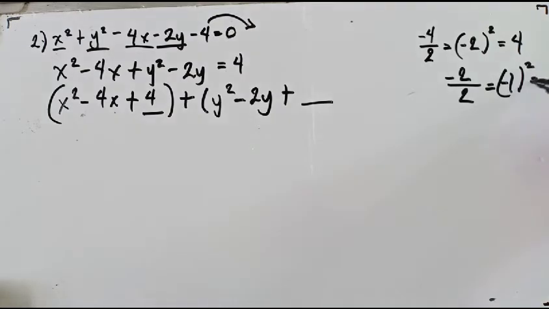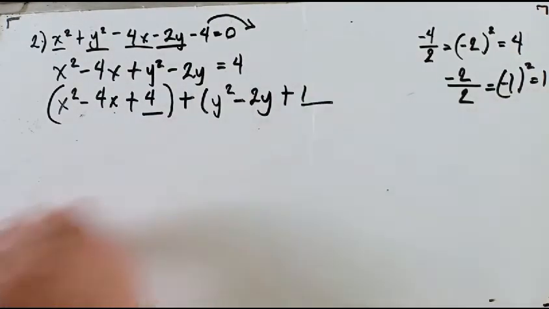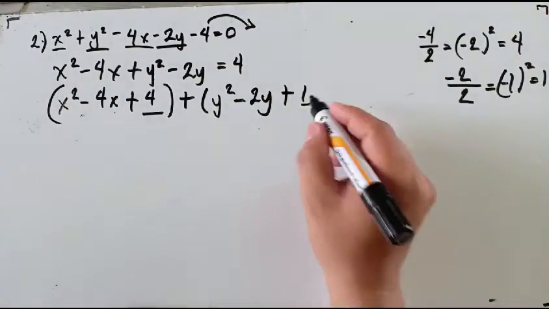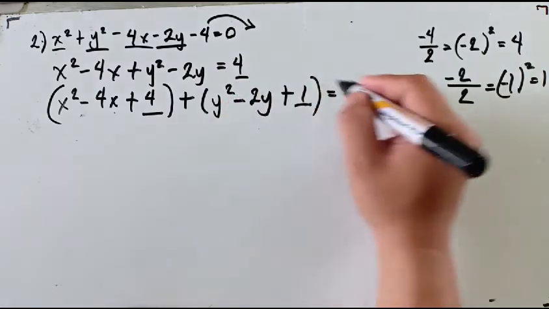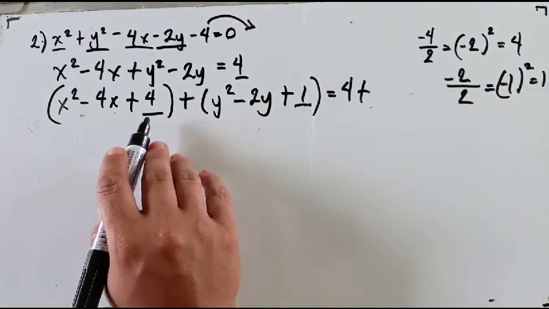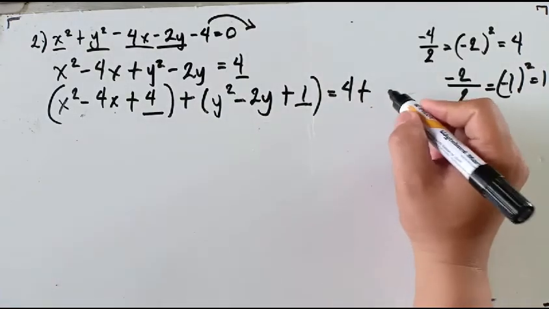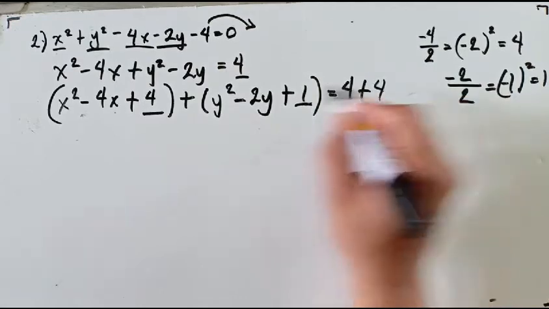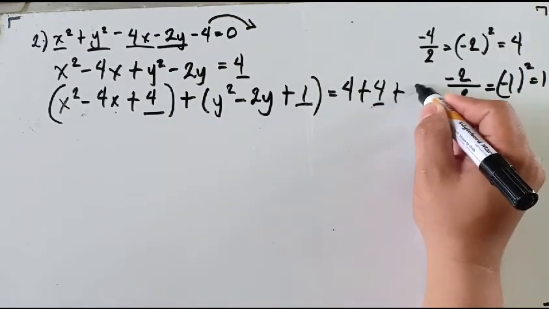Get the square, that becomes positive 1. So let's add 1. This is equal to 4, and whatever constants are added on the left side should also be added on the right side. So we have plus 4 plus 1.